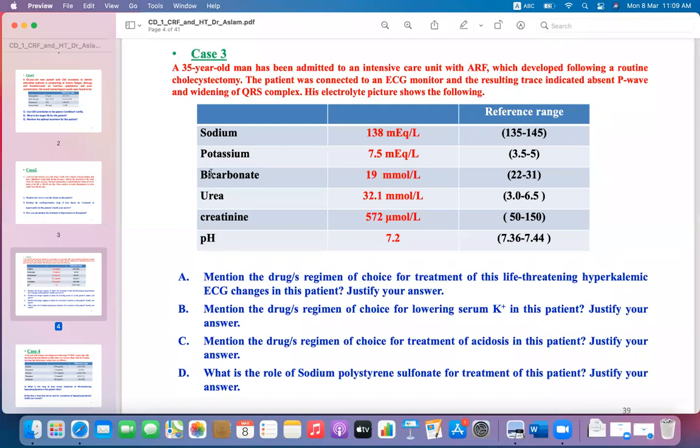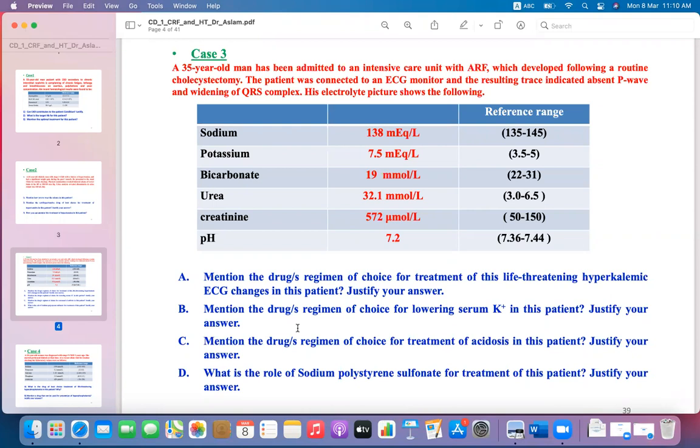Potassium level is increased to 7.5. Mention the drug regimen of choice for the treatment of this life-threatening hyperkalemia. Hyperkalemia means an increase in the serum potassium level. Explain the ECG changes in this patient, justify your answer.